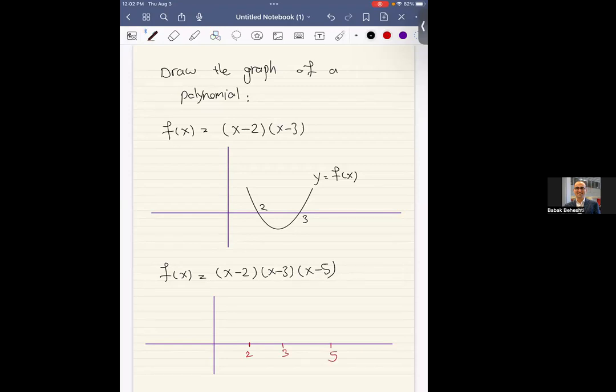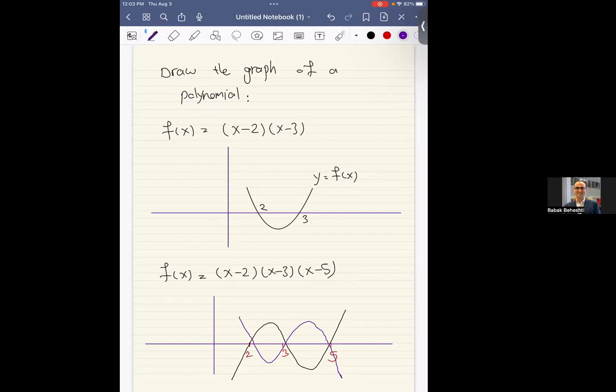You can either have a polynomial like this, or you could have something like the purple one. But which one is the case? It's easy to determine which one is actually the graph.